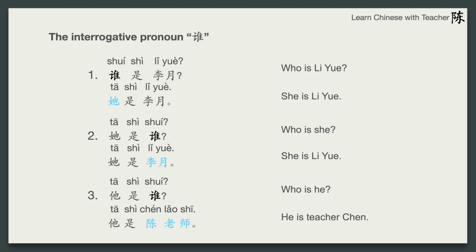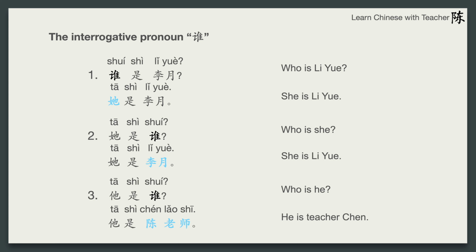The second one, 她是谁 literally it means she is who? The answer, 她是李月 she is 李月. The third one, 他是谁 he is who? The answer, 他是陈老师 he is teacher Chen.